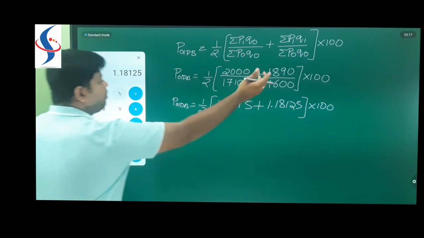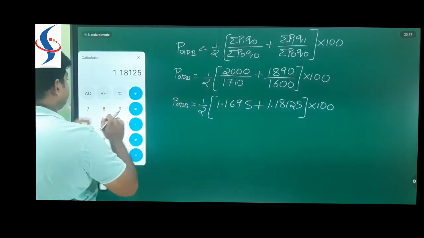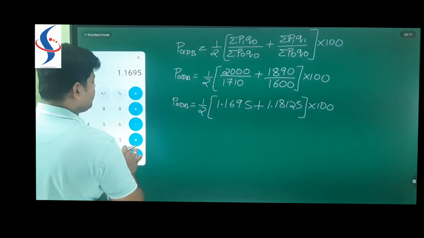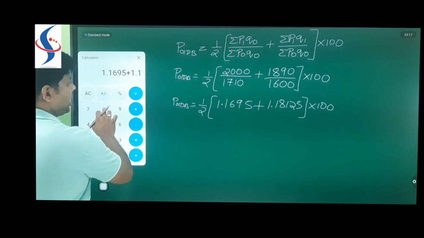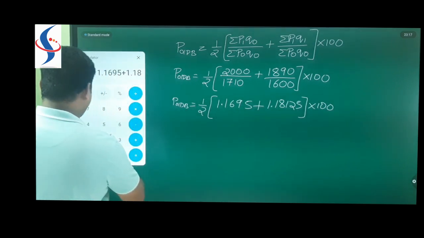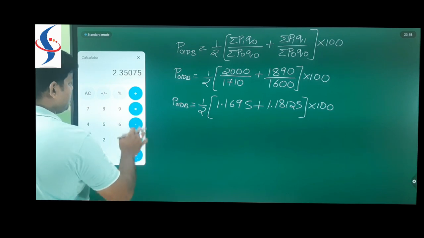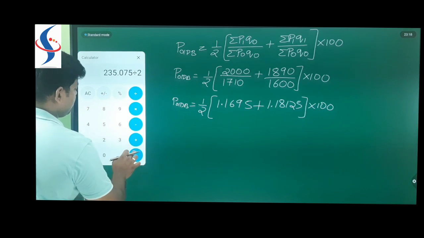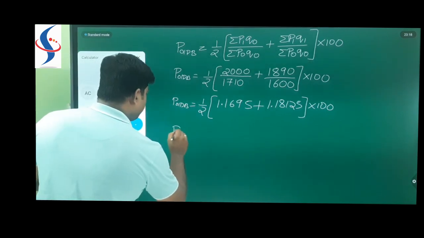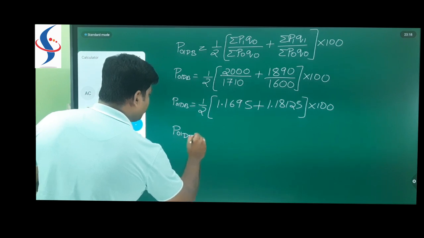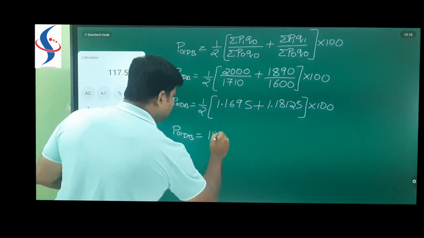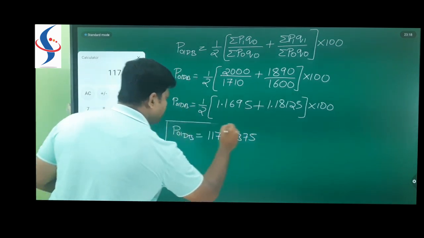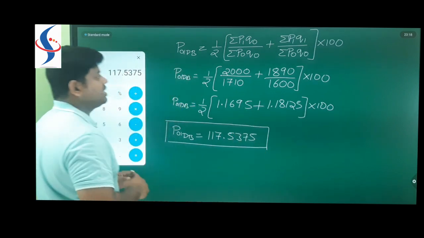Then add these two, multiply with 100 and divide by 2. That is 1.1695 plus 1.18125, into 100, divided by 2. That is the price index number by using the Drobisch-Bowley formula. The answer is 117.5375, and this is the answer for the Drobisch-Bowley price index number.